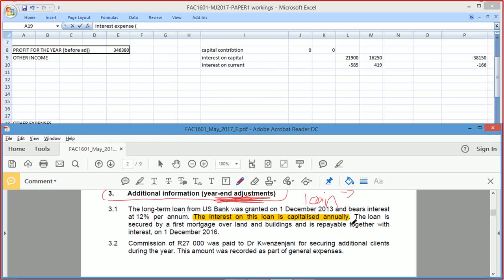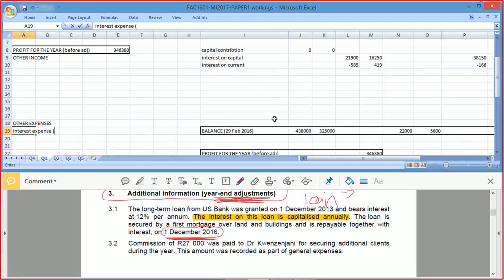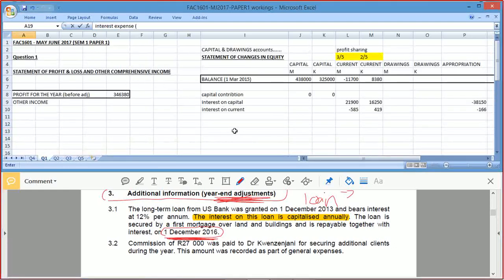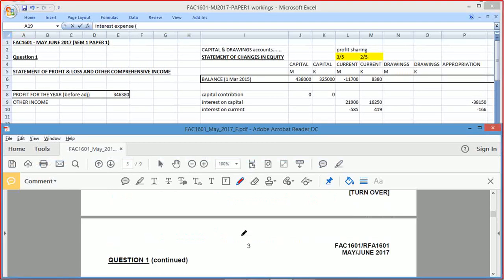Yes, it does. Okay, and then they say the loan is secured and is repayable together with interest on 1st of December 2016. Is 1st December 2016 within the next financial year? Yes. Okay, so what does that make the loan? Long-term or short-term? It makes it short-term now that we've read that line item. Okay, because we're disclosing information for 2016, right?